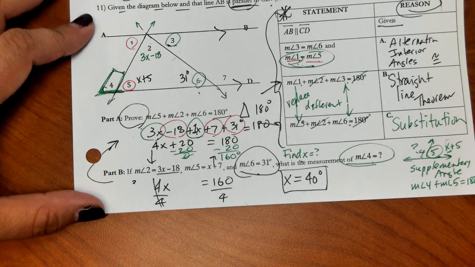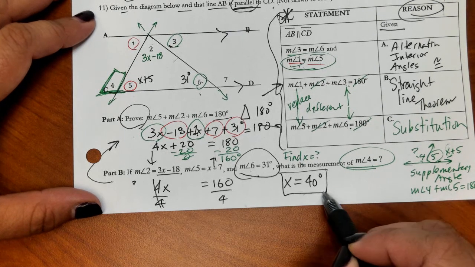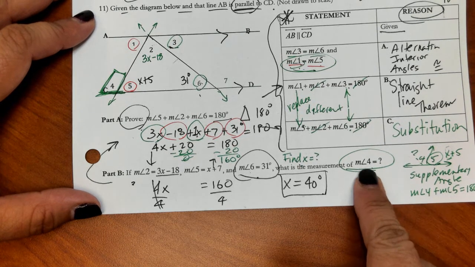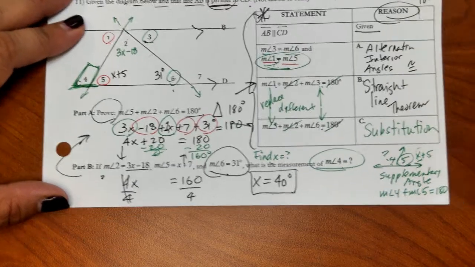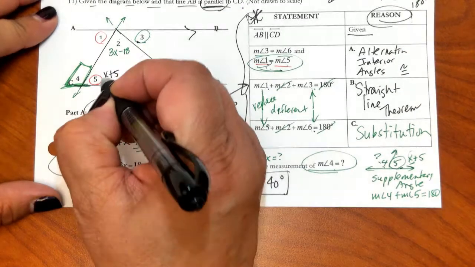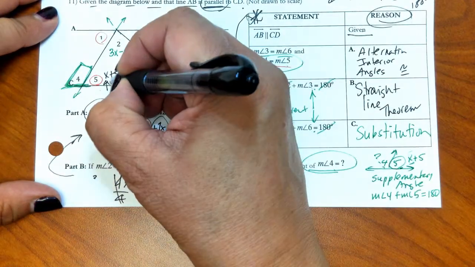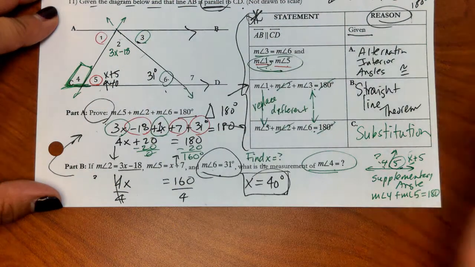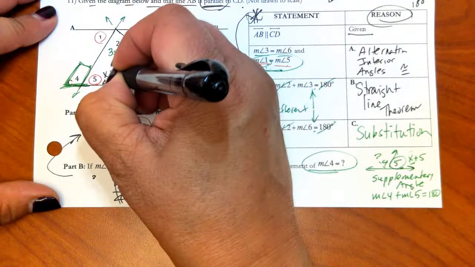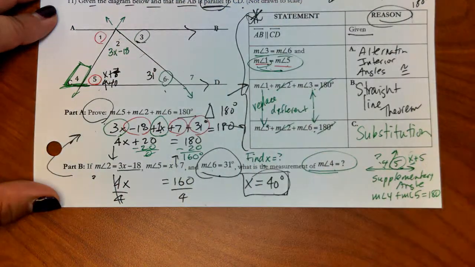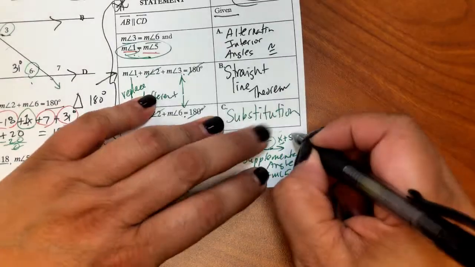Okay? So we've got to the first step. We still haven't gotten 4 yet, but we told you that if we substitute 40 degrees right here, what do you get? It's 40 plus, that's supposed to be a 7, by the way. X plus, let me change it down here. Make sure nobody gets confused.